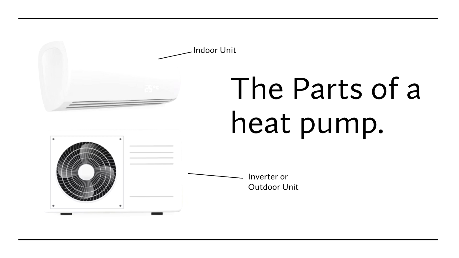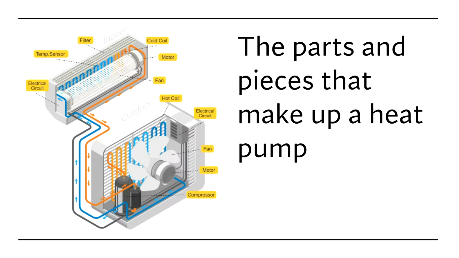All right, so here's the parts and pieces that make up the heat pump, and it's worth having some understanding of what these things are. But we're going to start with the indoor unit, and we've got electronic circuits. It has to talk to the heat pump, the outdoor unit, and they have to be on the same communication channel.